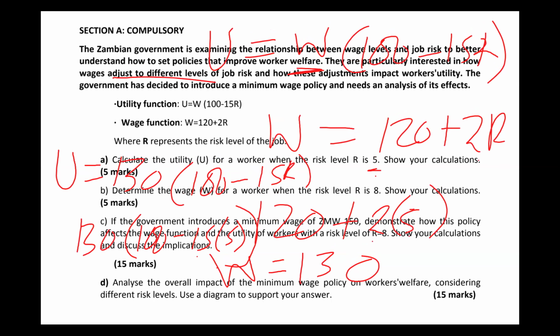Now, we have the wage function in the question, and this is our wage function. Using it, you can simply substitute the level of risk in the wage function, and you should be able to find the wage. The degree of risk is 8. Then you say 2 times 8, giving you 16, plus 120 in the wage function, so that your wage is equal to 136.